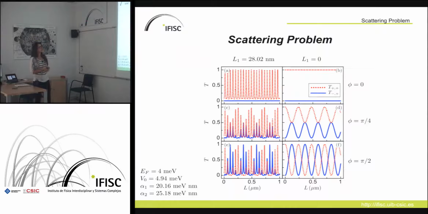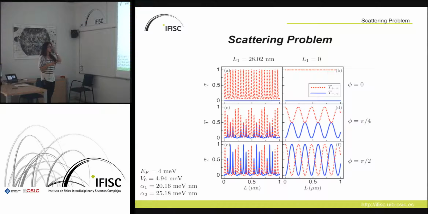Now it's natural to ask what happens if we change the length of the central region. First of all, for the parallel case without QPCs, our system is completely transparent. This is in agreement with the previous result. But when we have the tunnel barriers, we observe resonances that are equally spaced.